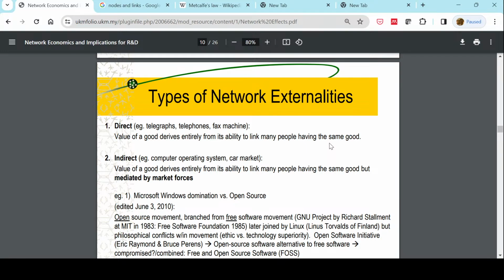The more people using fax machines, the more value to you having a fax machine. The more people using or having land telephones, not the mobile phone we're talking about here, the more value to you of that land telephone.